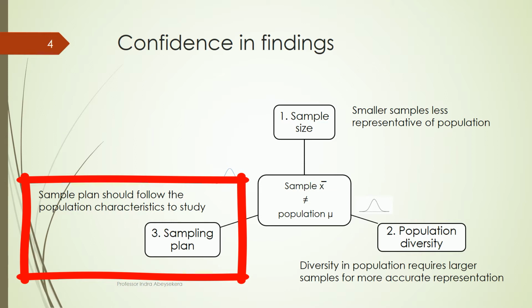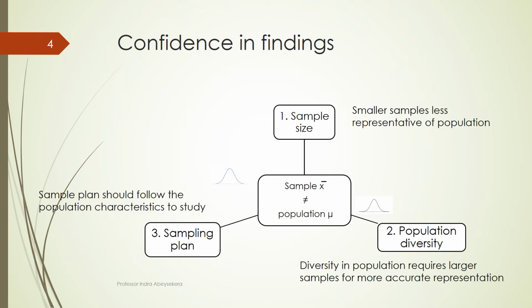The sampling plan should follow the population characteristics to be representative of the population in the sample. But an inappropriate sampling plan can increase the error of the mean of the sample in relation to the population. This error of the mean of the sample is called the standard error of the mean.